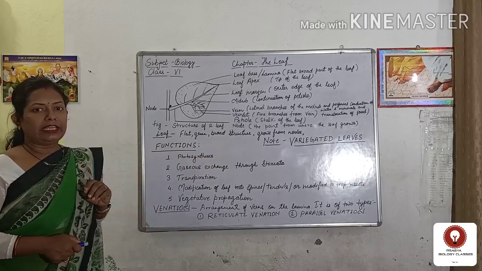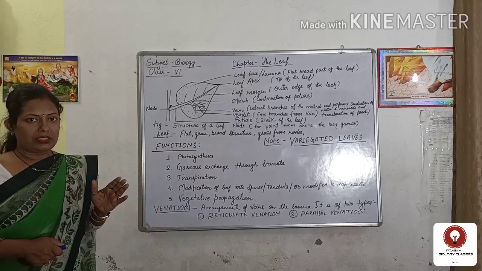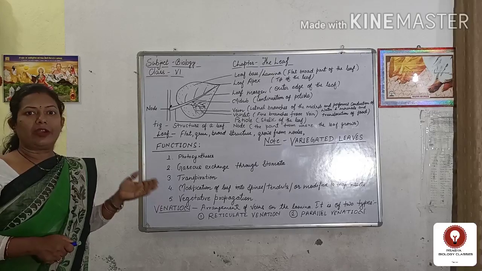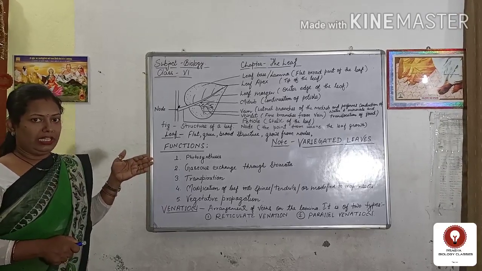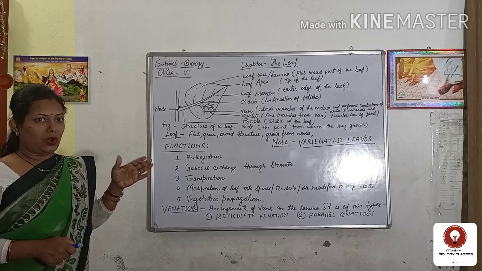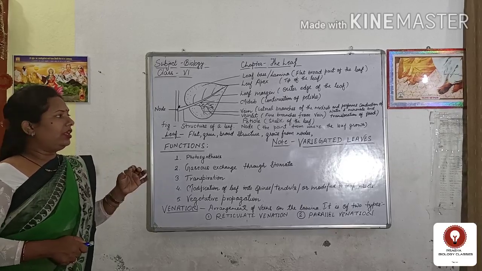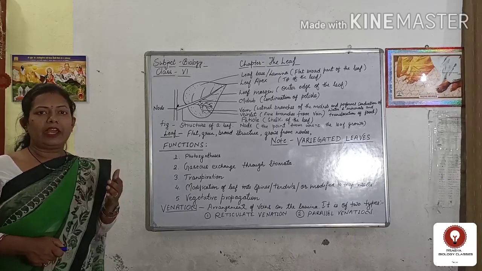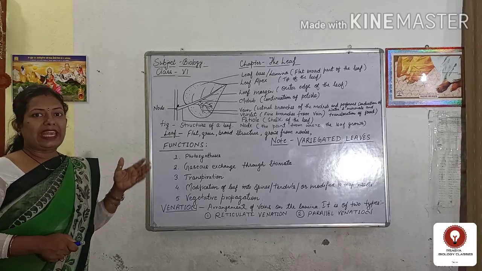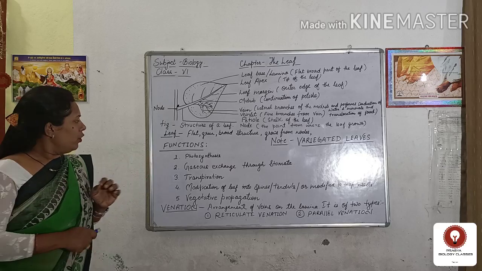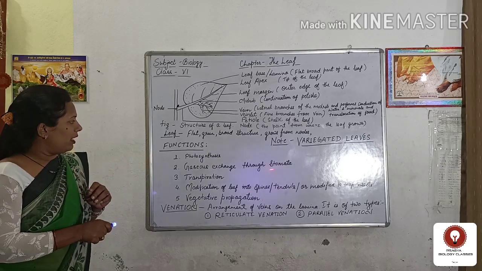And not only this, different types of gases are also liberated. During photosynthesis, oxygen is liberated, and during respiration, carbon dioxide is liberated from the plant. So these gas exchanges are done with the help of stomata.